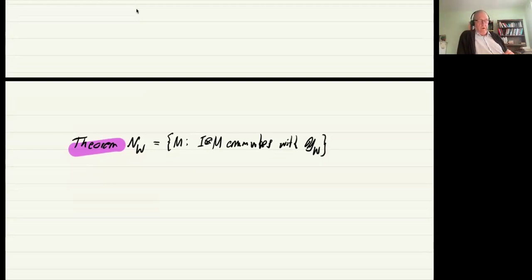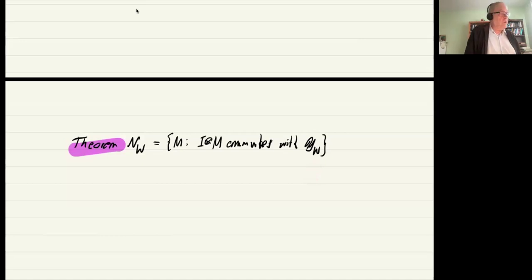So the Nomura algebra arises as a set of things that commute with this particular quantum permutation. And so this is again connecting the two subjects.